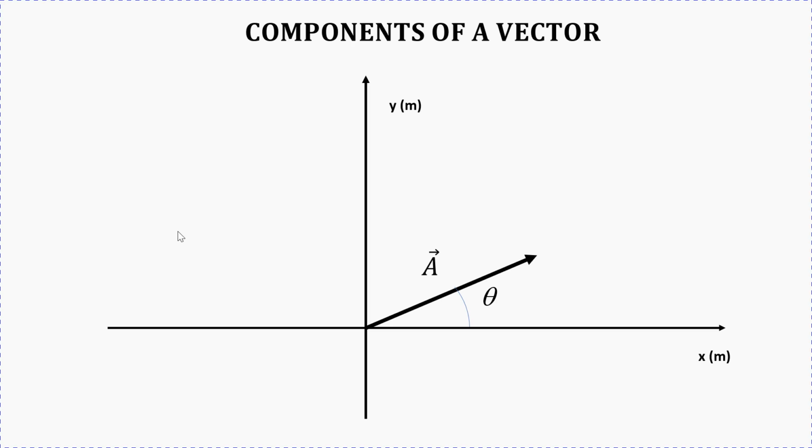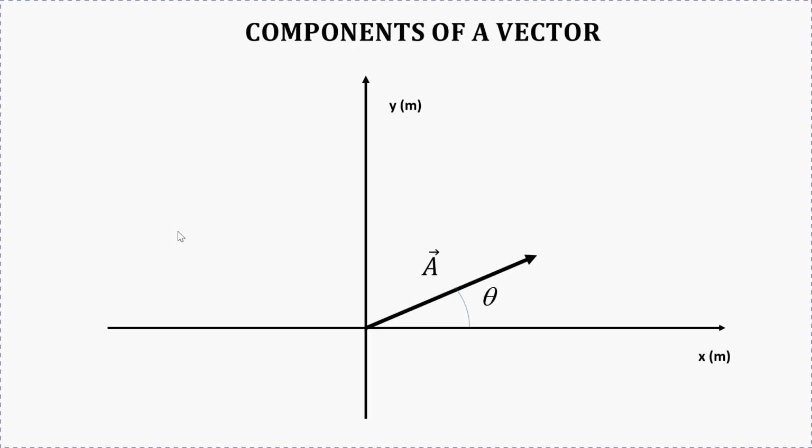In the case of the components of a vector, it's closer to the situation, to the parallelogram method. It's closer, okay? But you can also think in terms of the head-to-tail method as well. So components of a vector. What do I mean by components of a vector?